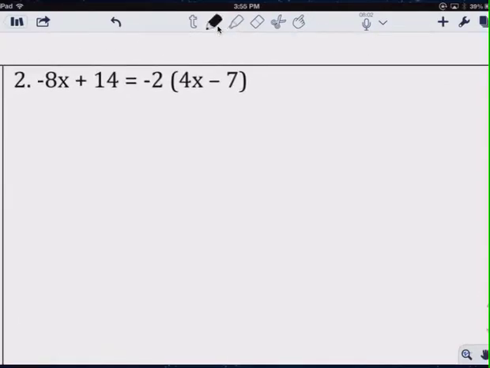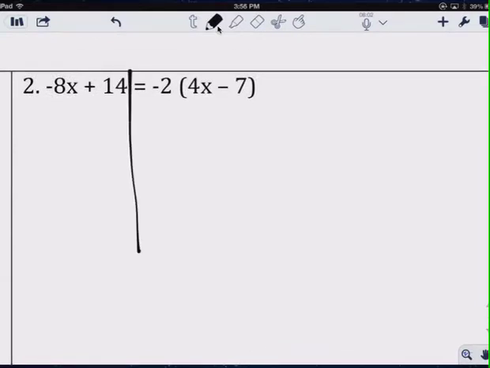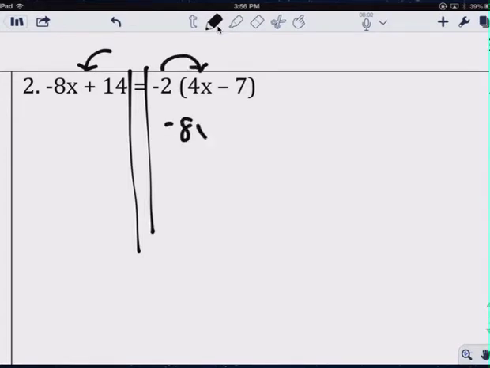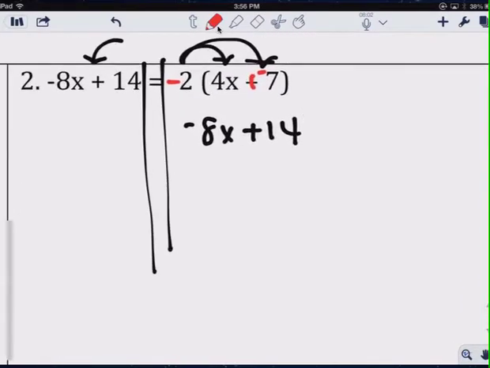Okay, number 2, make sure you distribute here. I'm going to leave this side alone and that side alone. Distribute. That's a negative 8x. That's a positive 14. If you need to do additive inverse, this is a plus negative. So negative 2 times a negative 7 is a positive 14.